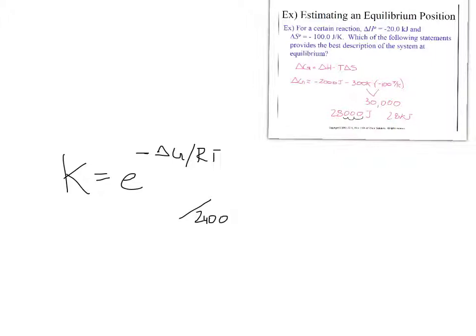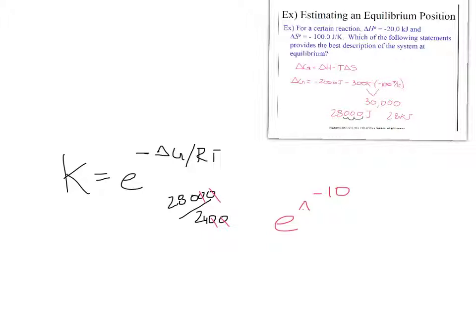And then our number on top, that's going to be the 28,000. So let's see, two of those zeros are going to cancel out. So 280 divided by 24, that's going to be greater than 10. So we know that our E raised to a value that's greater than a negative 10, which means it's going to be significantly less than 1.